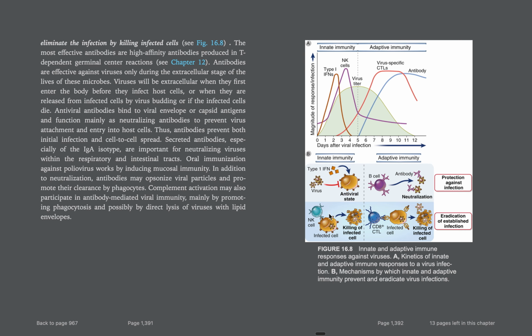Here we have the natural killer cells, killing the infected cell. Sometimes cytotoxic T lymphocytes, CD8, also see the infected cell and kill it. This can lead to eradication. So the first one, for innate, is the antiviral state, and in adaptive is neutralization by antibodies. Then in innate there is killing, and also in adaptive there is killing.